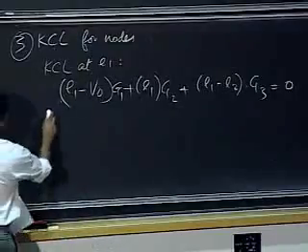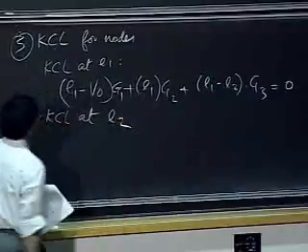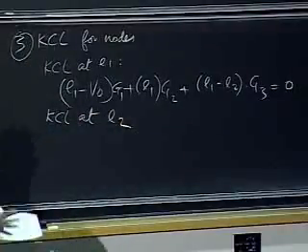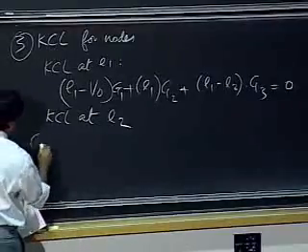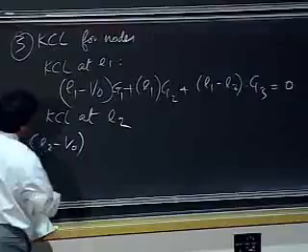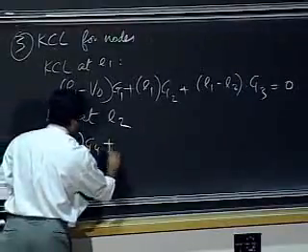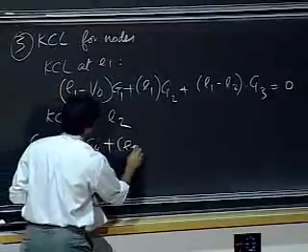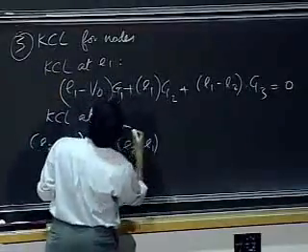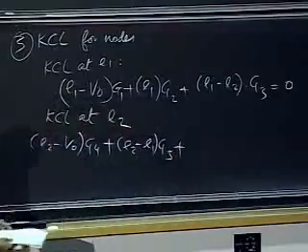Okay, so I can similarly write KCL at E2. So at KCL at E2, again, let me go outwards. So the current going up is E2 minus V0 multiplied by G4. The current going left is E2 minus E1 divided by R3, or multiplied by G3.